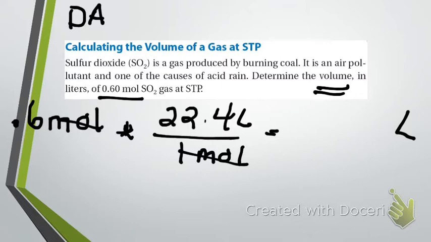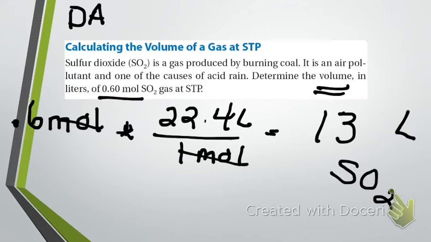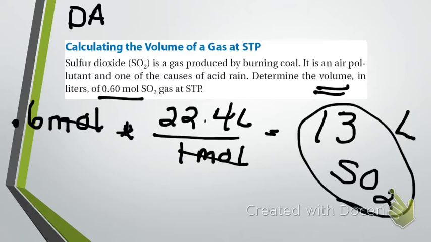Multiply 0.6 times 22.4 liters, and we get 13 liters of sulfur dioxide. We need to keep it straight. Volume is in liters. If we go back, mass is in grams. So this is your final answer.